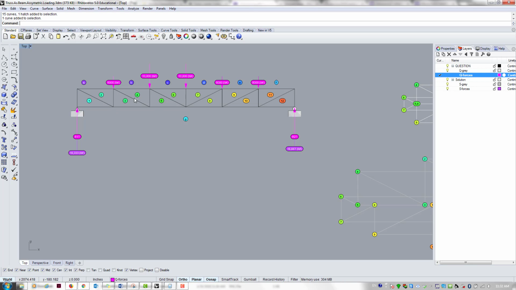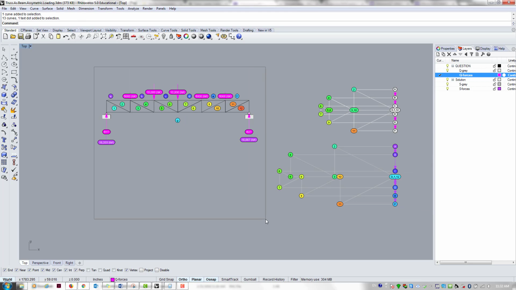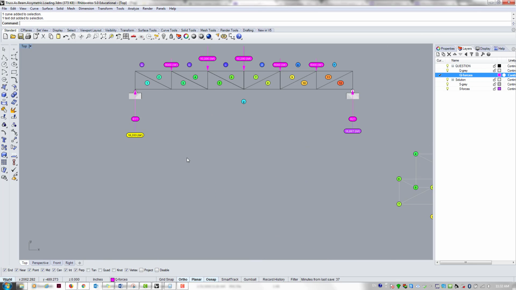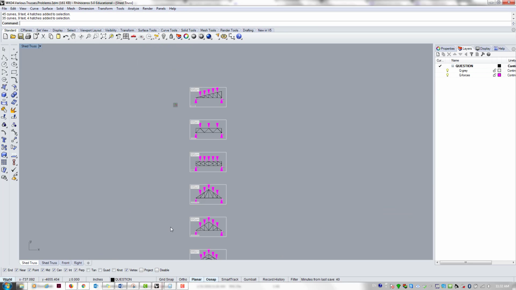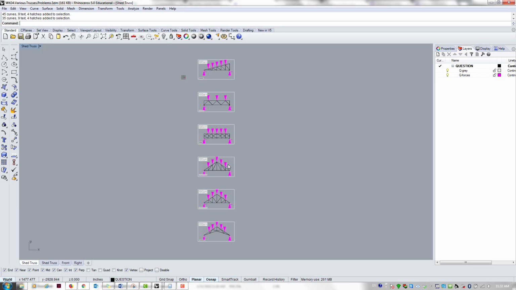Maybe like 1, 2, 3, not all 13 of them. So I'll have one asymmetrically loaded truss of this type, where you obviously have to complete the diagram and then get the forces here. So that's one. I might ask for the reaction too. So that's one question. And then it would be a random one out of these.